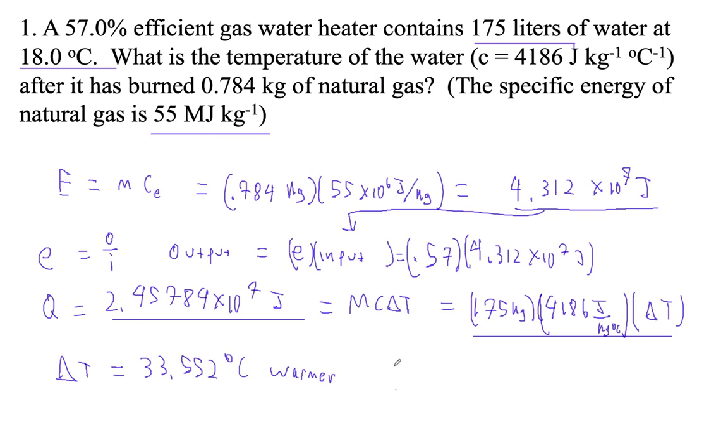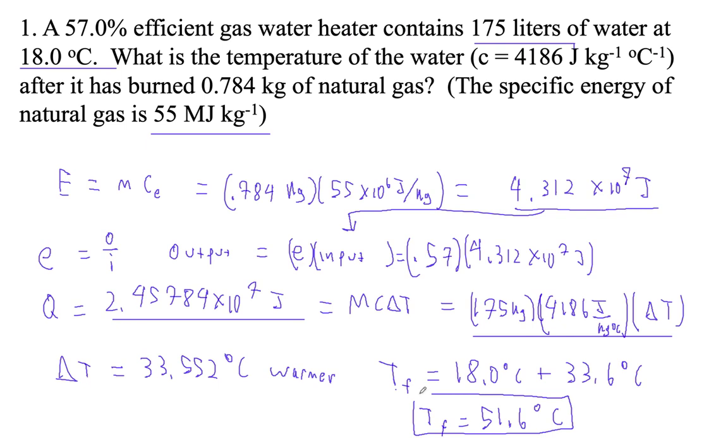So the final temperature is the initial temperature, 18.0 degrees Celsius, plus 33.6 degrees Celsius. And that's 51.6. The final temperature equals 51.6 degrees Celsius. Ta-da!